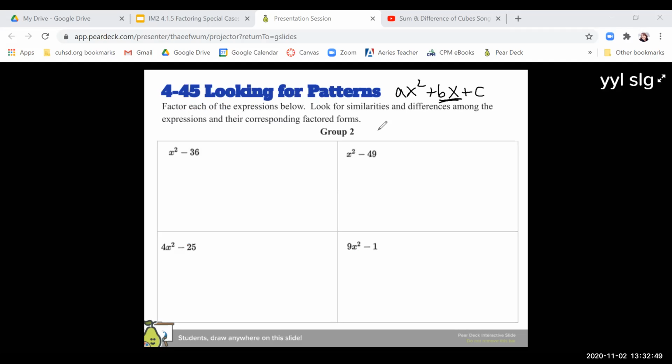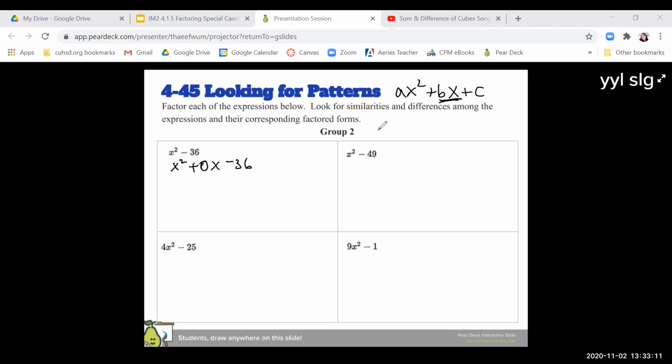If we don't know the pattern, then what we can do to factor this is start by rewriting it with the missing term included. So instead of just x squared minus 36, I have x squared plus 0x minus 36.